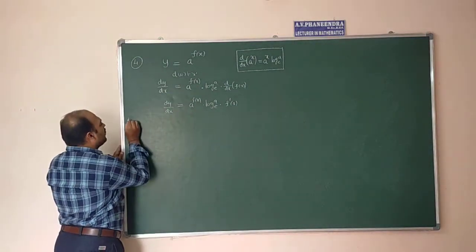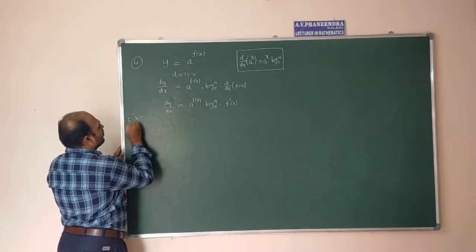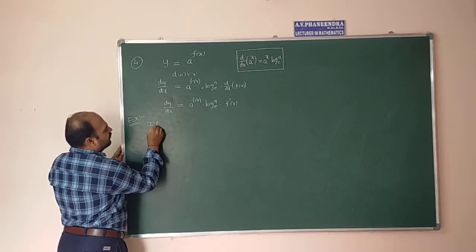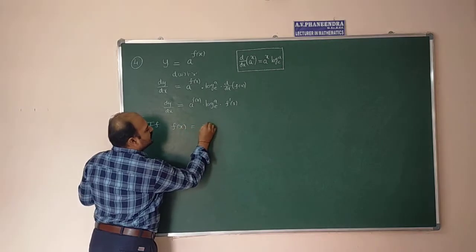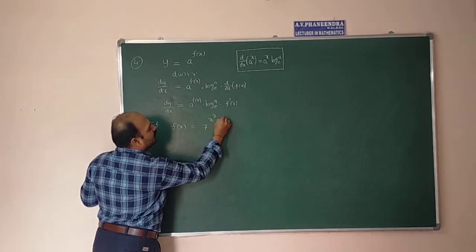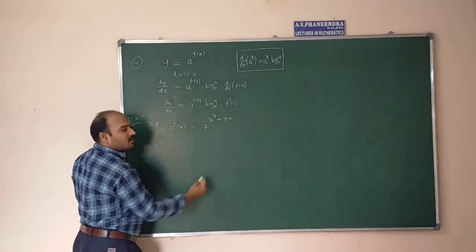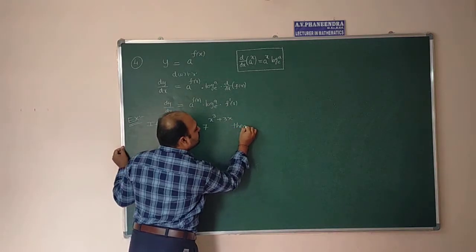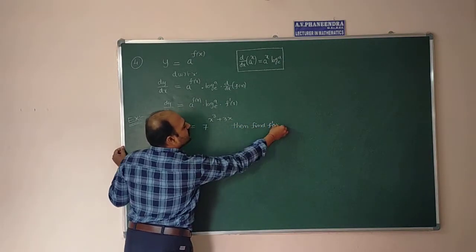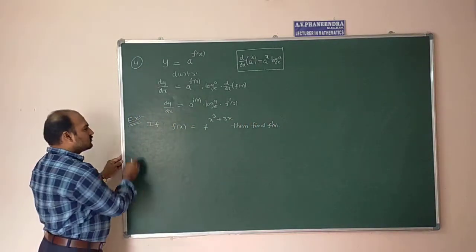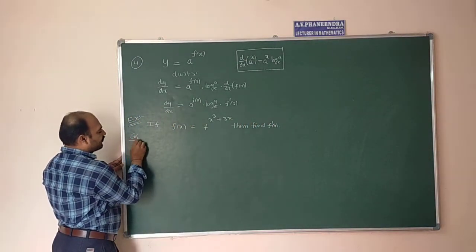I will give an example. If f of x is equal to 7 power x cube plus 3x, then find f dash of x. Like this also they ask. At that time, what do we have to do?